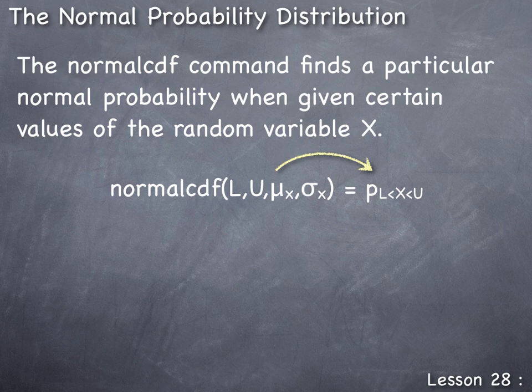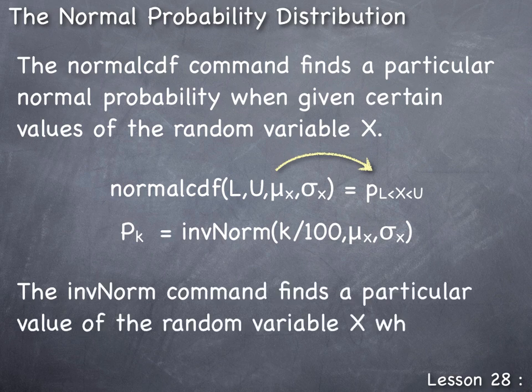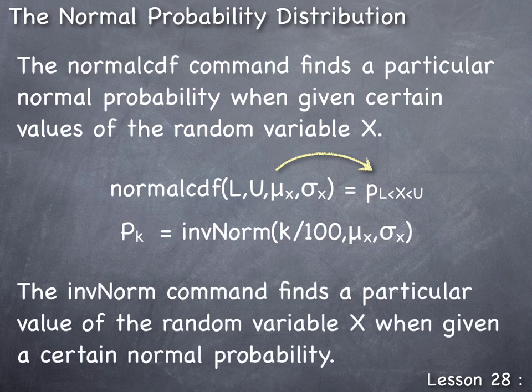In order to work this problem in the other direction, that is, if we were given a certain probability and we wanted to find the corresponding value of the random variable x based off a normal probability distribution, we would use the inverse norm command. The inverse norm command finds a particular value of the random variable x when given a certain normal probability. So here, if we're given a certain probability, the inverse norm command can find a corresponding value of the random variable x.